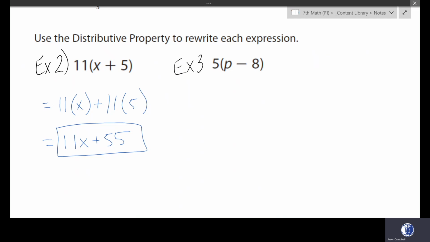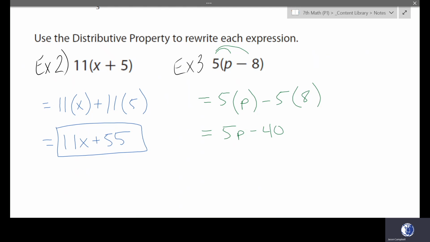Example 3 has 5 multiplied by p subtract 8. That's going to become 5 multiplied by p subtract 5 multiplied by 8. That's 5p subtract 40.